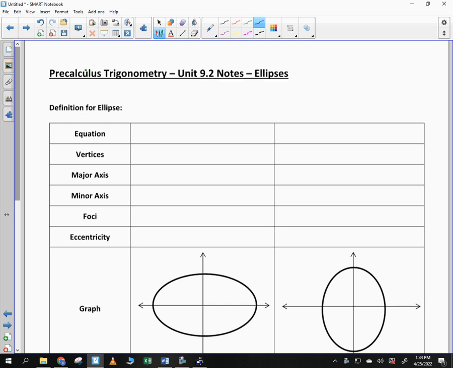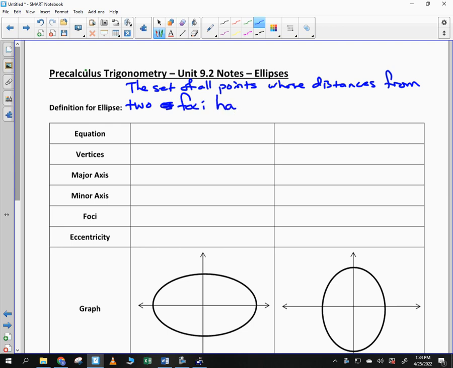We are going to talk about ellipses today. Definition of an ellipse is the set of all points whose distances from two foci have a constant sum.